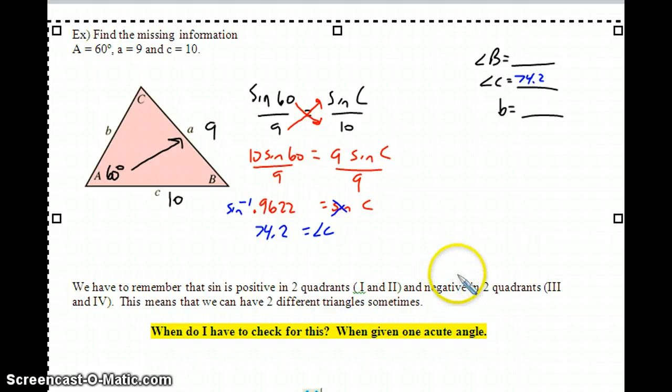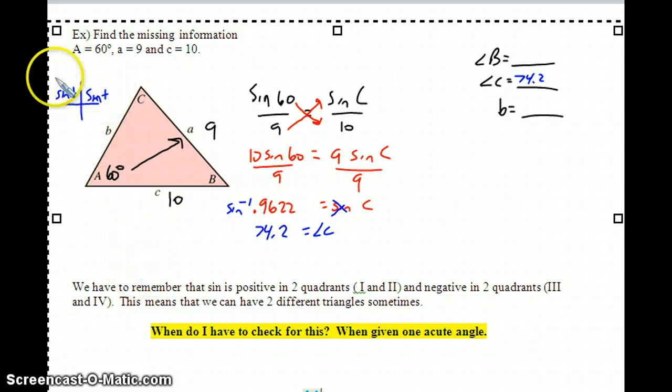Now here's an issue that we'll run into here, is that when I typed in my calculator the sine inverse of 0.9622, it's giving me the first quadrant angle. But I know that sine is positive in the first quadrant, and it's also positive in the second quadrant.